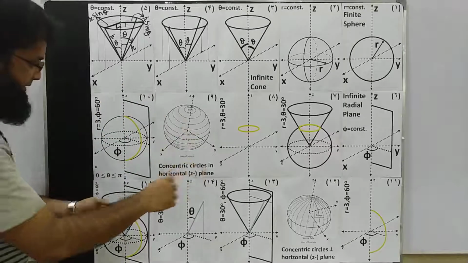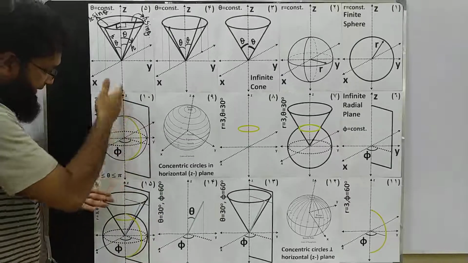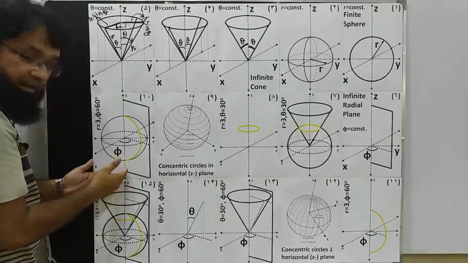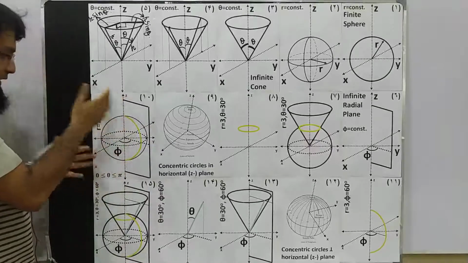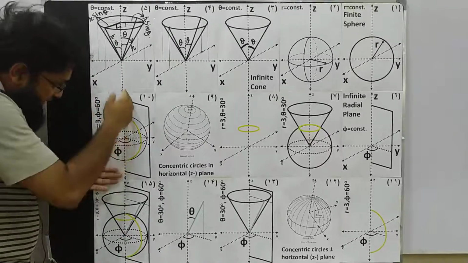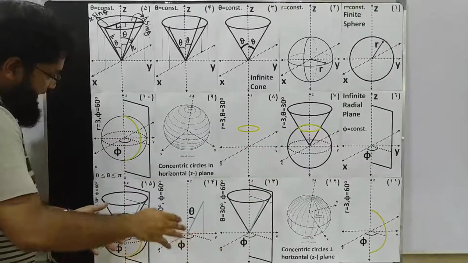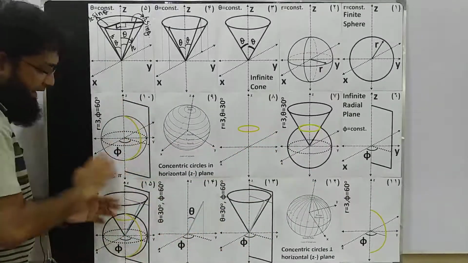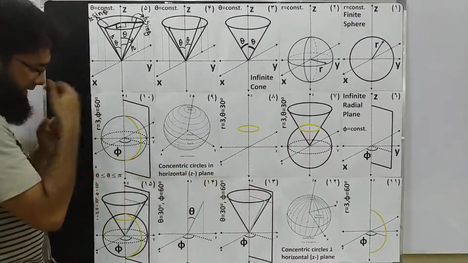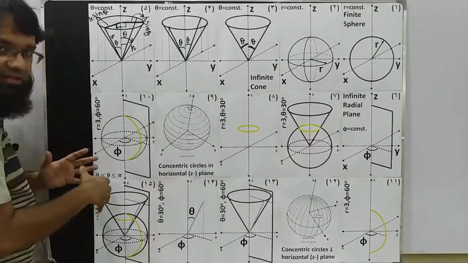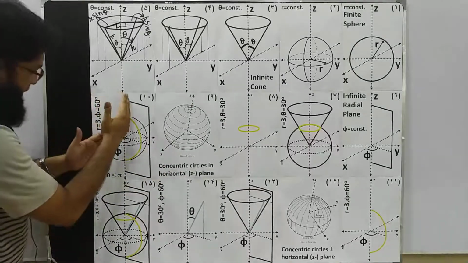Why semicircle? Because of the limitation of this radial plane. This radial plane starts from this z-axis. It does not go on the other side. It starts from here and goes the other way. So it always covers half of the three-dimensional space.